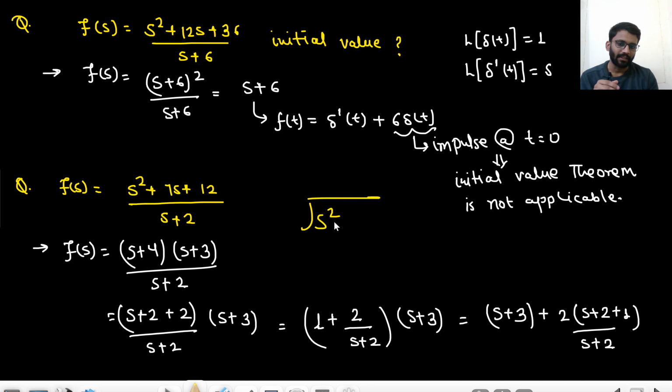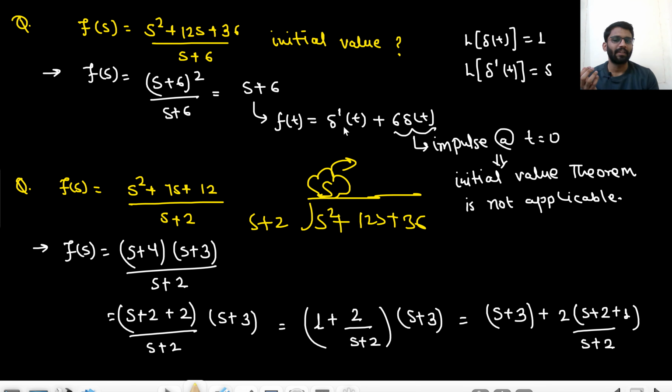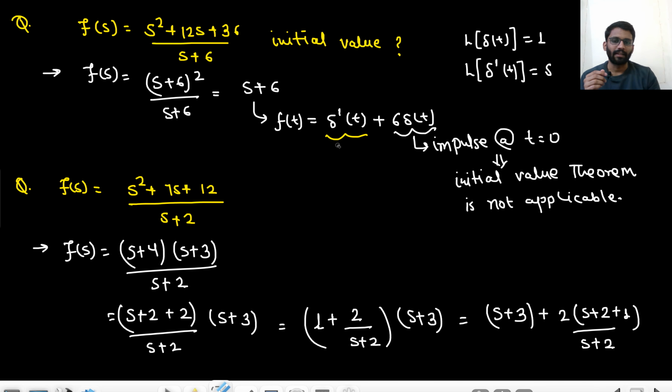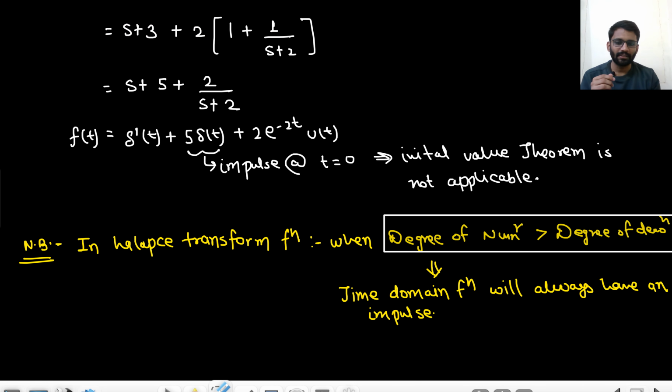You are doing the division, right? 12s plus 6 or 36, whatever it is, then s plus 2. So s will come there for sure, and one constant value will also come. Or if the constant value doesn't come, only s will be there. So it will be the differentiation of delta t, and that is also a discontinuity. So I should have said it in a better manner: it will always have an impulse or differentiation of impulse.